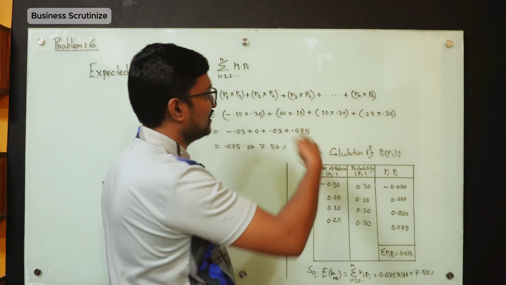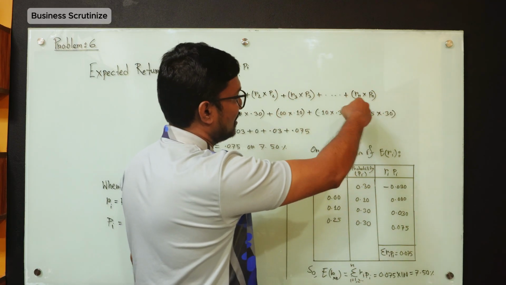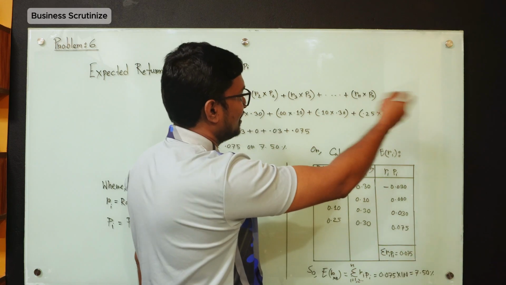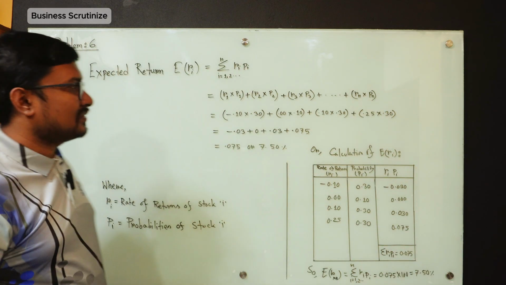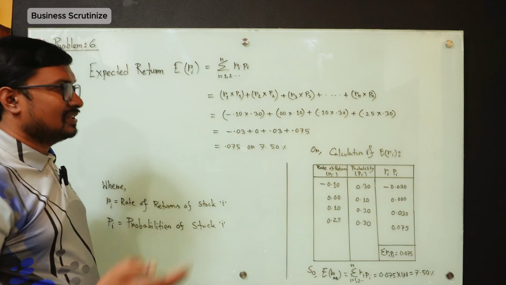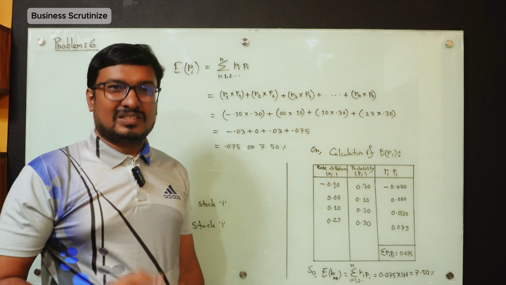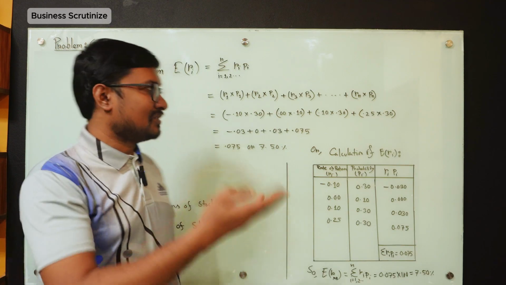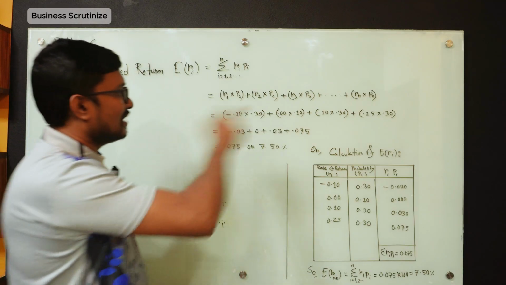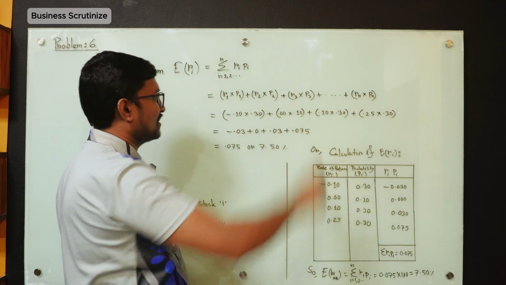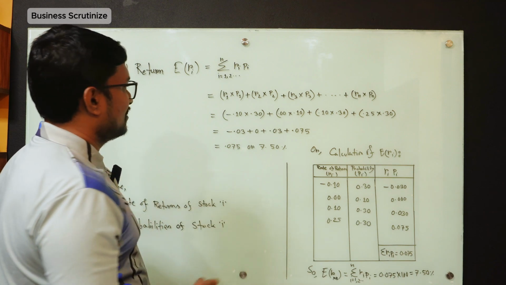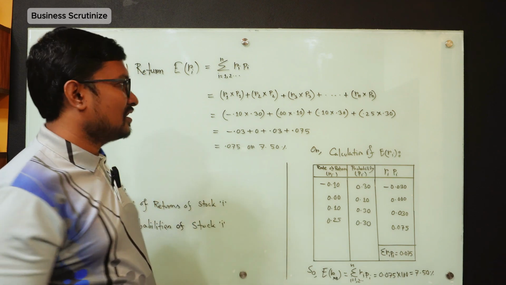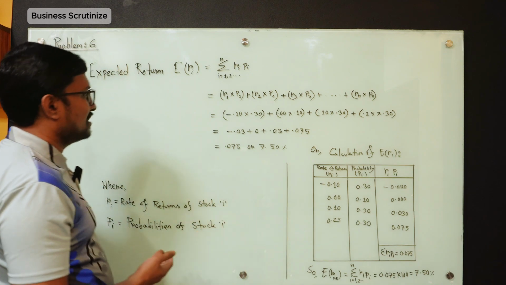In this way we can go to the nth return and the last probability, the nth period of time, if we are given as many returns and related probabilities. We have to just multiply and sum together all of them to get the expected rate of return. So in this problem, Madison Beer Corporation, we have the expected return.